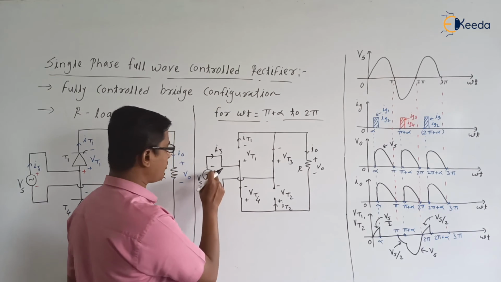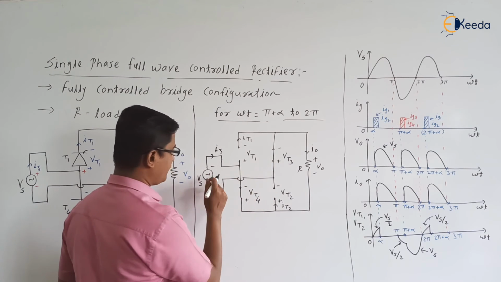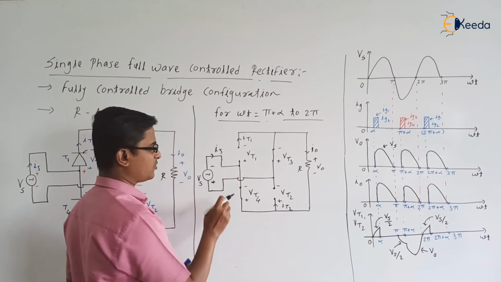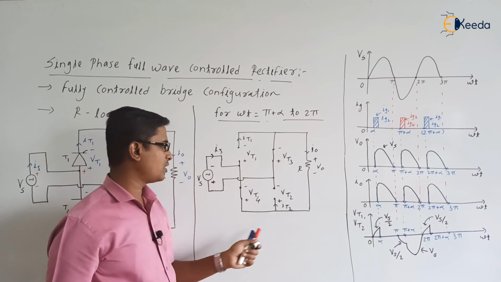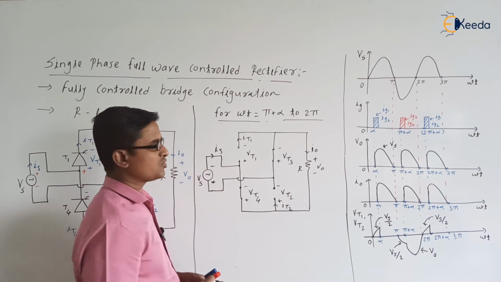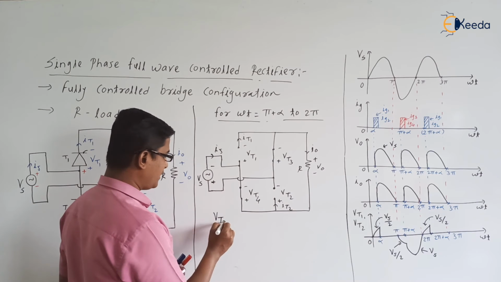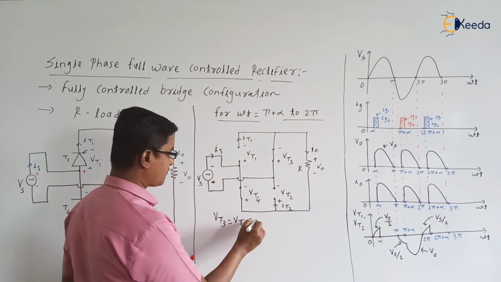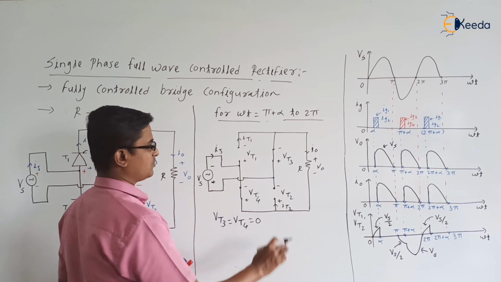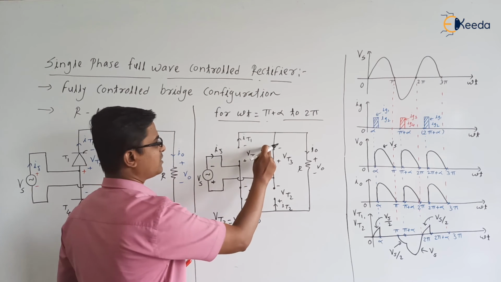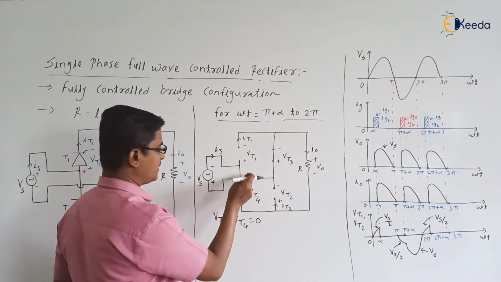Next, current will be flowing from Vs through T3, load, T4 and again back to Vs. So here what are Vt3 and Vt4? Vt3 is equal to Vt4 is equal to 0. Next, can we apply KVL? Plus Vs minus 0 minus V0 minus 0 is equal to 0.